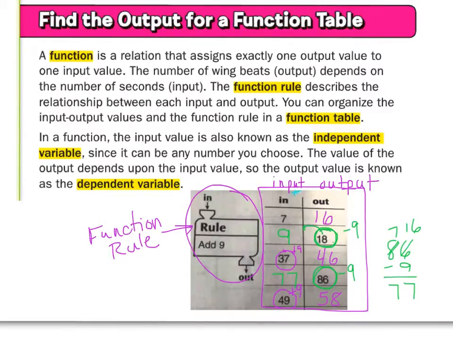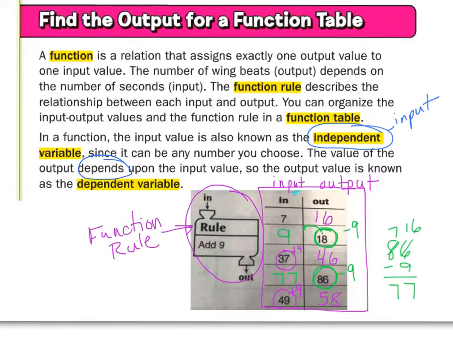Whatever we put in is called the independent value. This is our input. Whatever we put in is independent because we can pick whatever number we choose. The value of the output then depends on what gets put in.